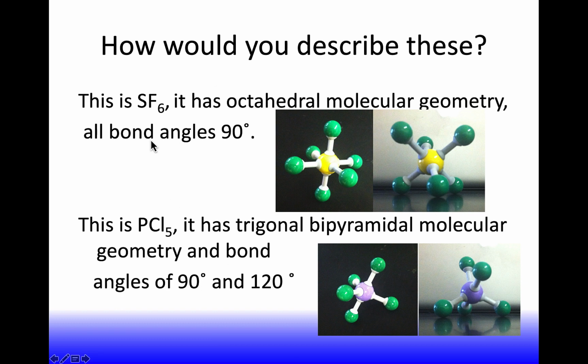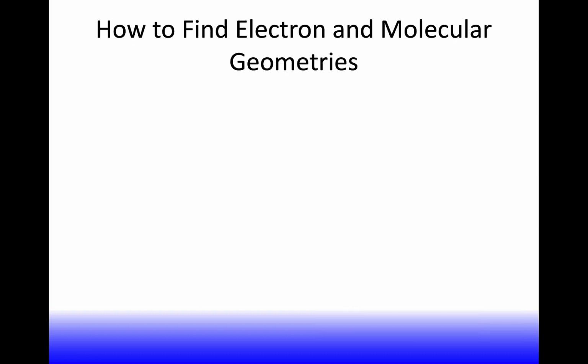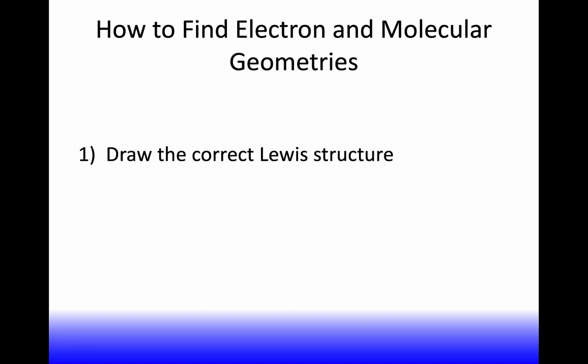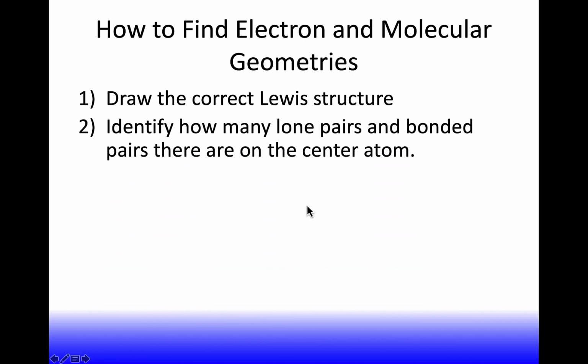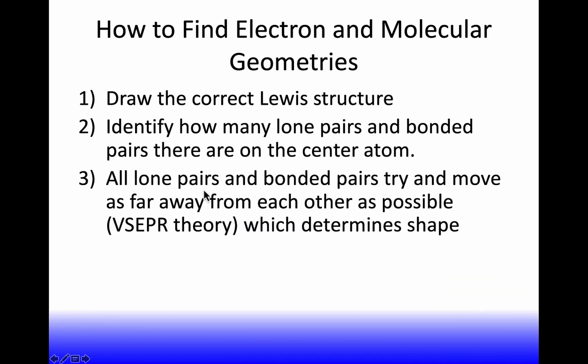Now, not only do you have to be able to memorize all the shapes and the names and the angles, we also have to have some sort of a process to figure it out. The process is draw the correct Lewis structure first. Why? Because you're going to need to look at the center atom of the molecule and find out how many bonded pairs and lone pairs it has. All lone pairs and bonded pairs try to move as far apart from each other as possible.